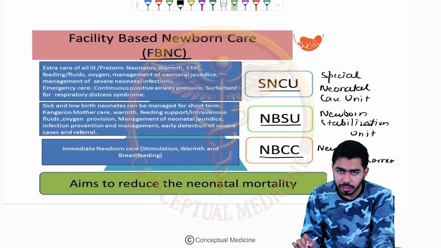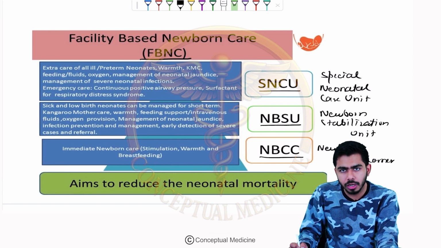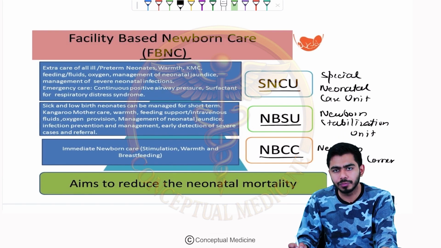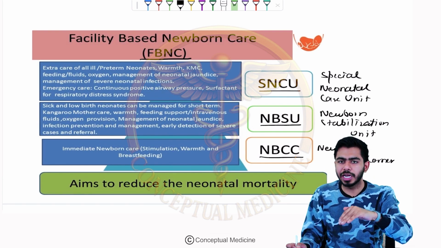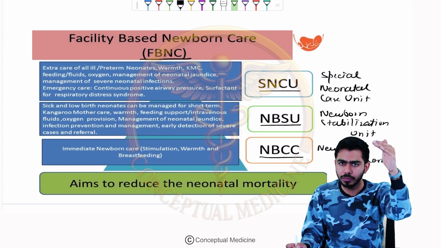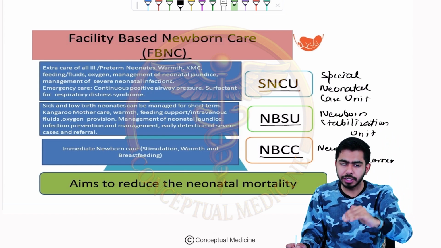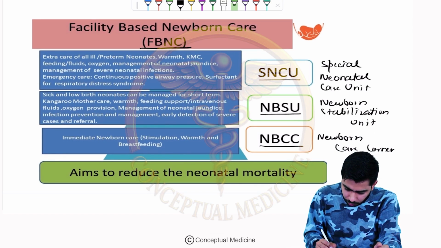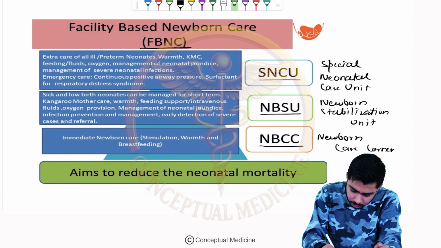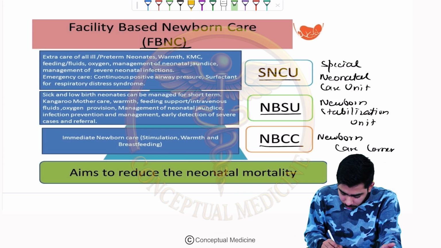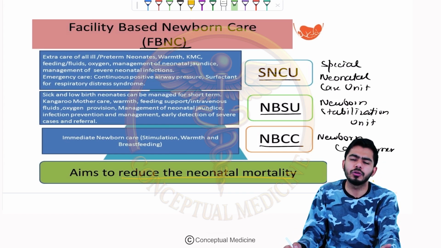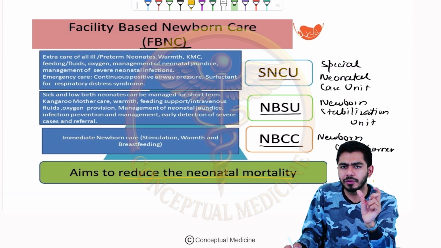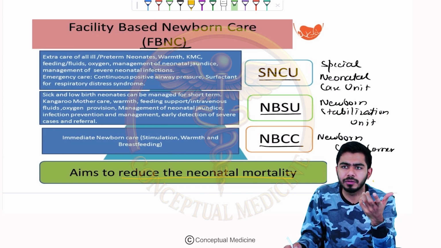Now obviously depending on the severity of the health of the child, the child might be upgraded to the SNCU, that is the top, and might be degraded to the lower units as well. Now in the NBCC, what is the aim to introduce this? So the aim is simple, that we want to reduce the neonatal mortality, because that is the time where the deaths are pretty high, right?